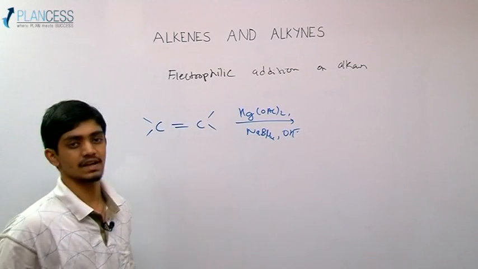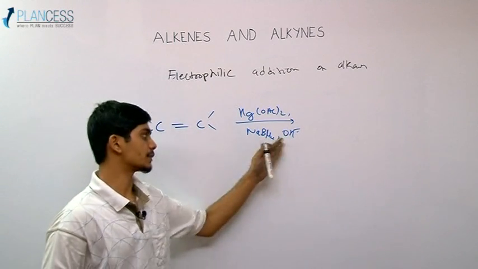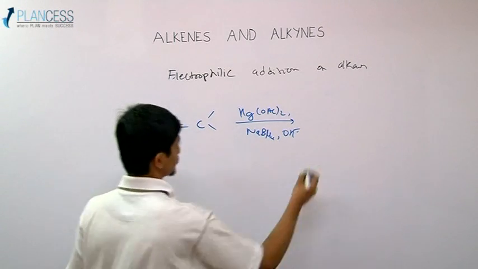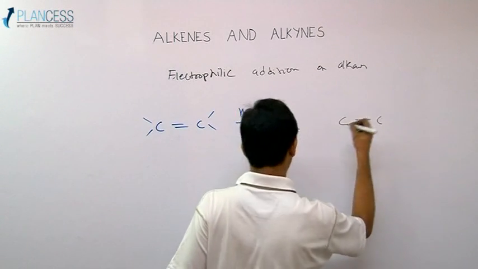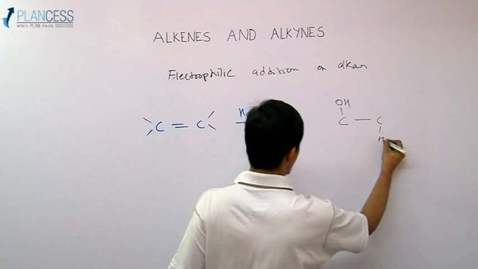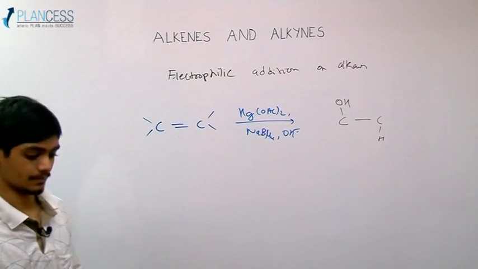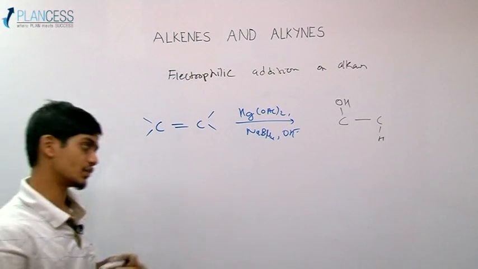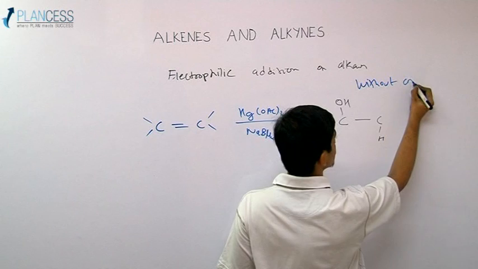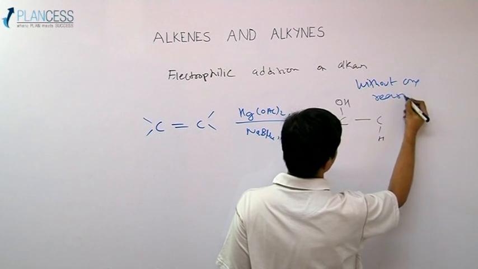So first step is the Hg(OAc)2 and next step is the NaBH4 and OH minus. What is the product? Product is the Markovnikov addition of alcohols over here like this with no particular stereochemistry but without any rearrangements. This happens without any rearrangements.